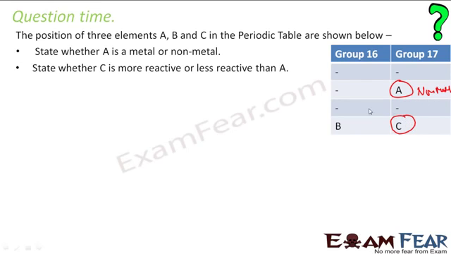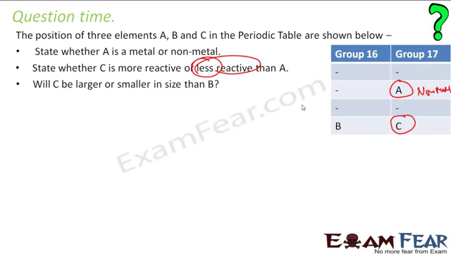So C is less reactive. C is less reactive, correct? Why? Because as we go down, the size of the atom increases, the power of the nucleus to attract electrons decreases, and it will not be able to attract electrons, and thus it will be less non-metallic.